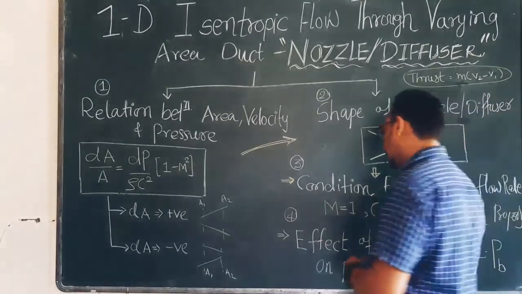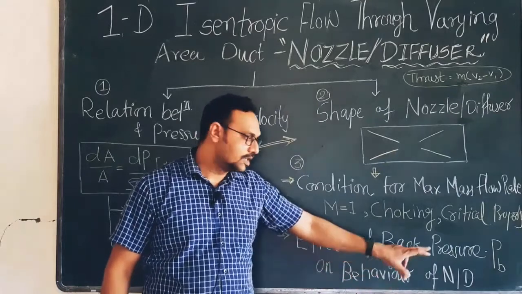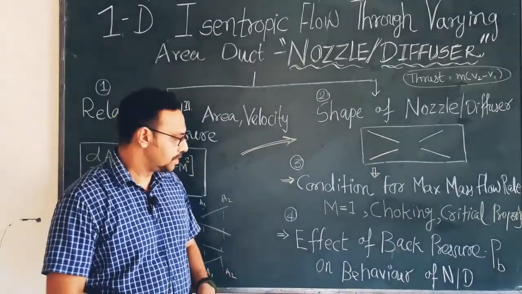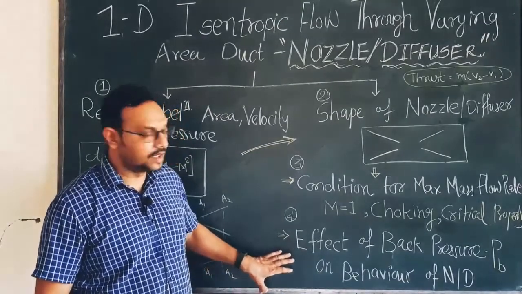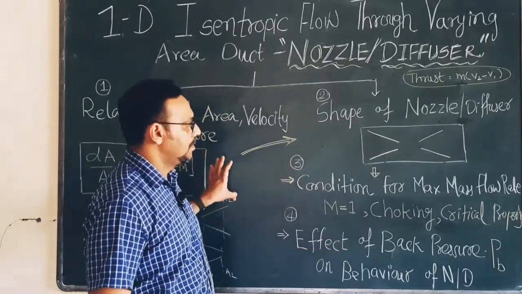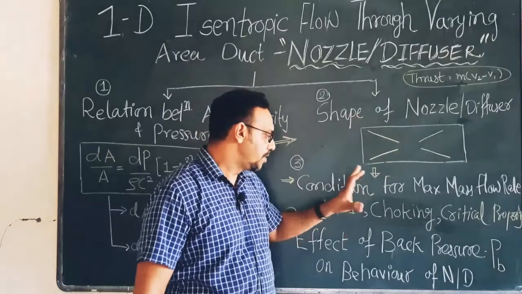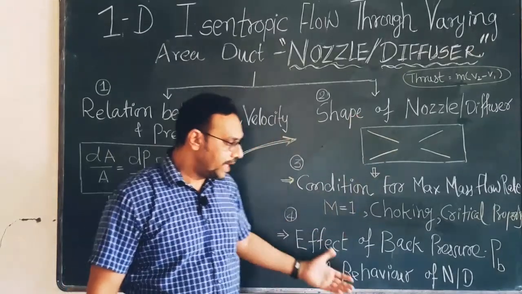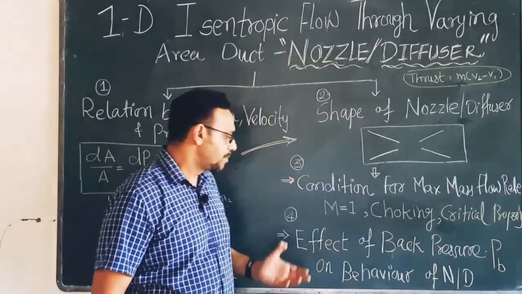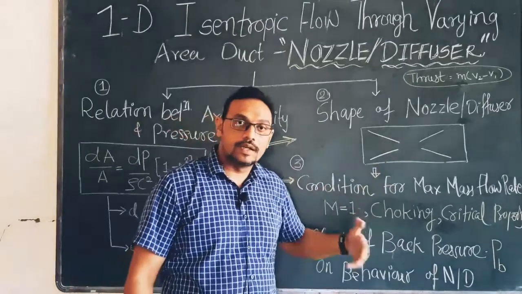Now this fourth theory is the effect of back pressure, that is Pb, on the behavior of the nozzle or diffuser. This is also a very important theory, because if you have designed the shape of your nozzle in the right way, but you do not maintain the design back pressure, then your nozzle will not act like a nozzle.